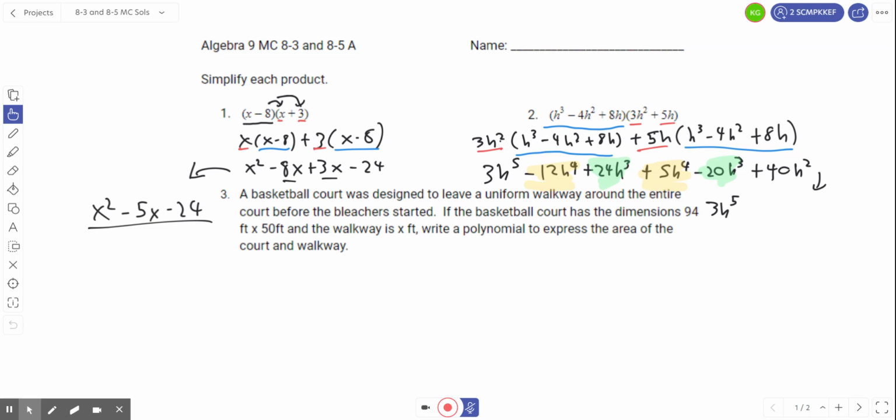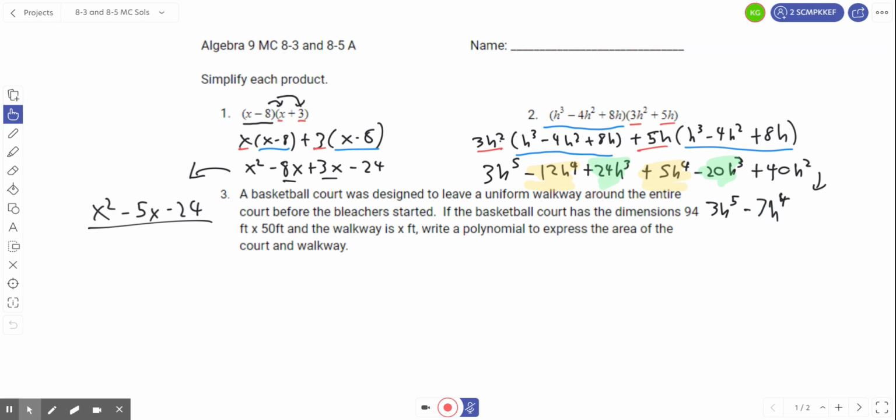Now when I combine negative 12 and 5, I get negative 7. And that is h to the third. Nope, sorry, h to the fourth.